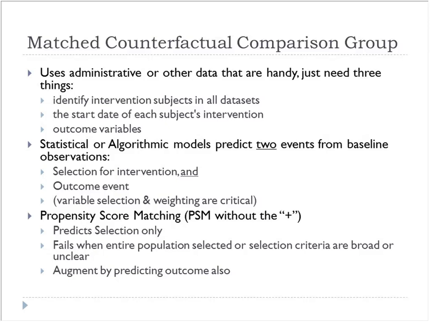So in particular, we have lots of administrative data in child welfare, and we can use it for this. We can use it to find matched subjects if we can find the outcomes we need in those data sets, and if we can find the matching variables that we need to determine whether they would have been selected into this study or not.